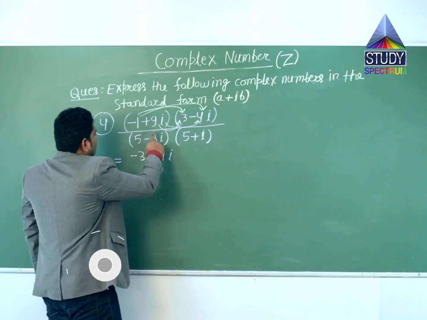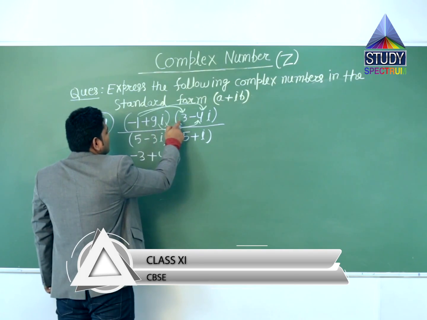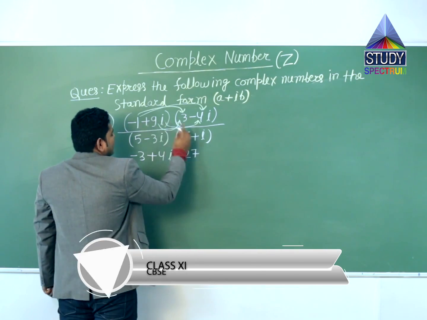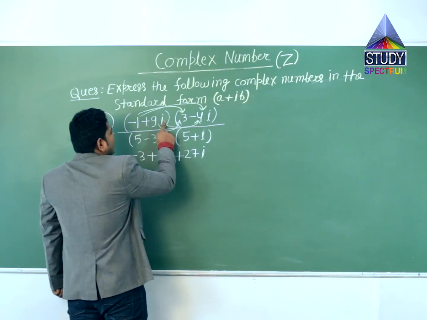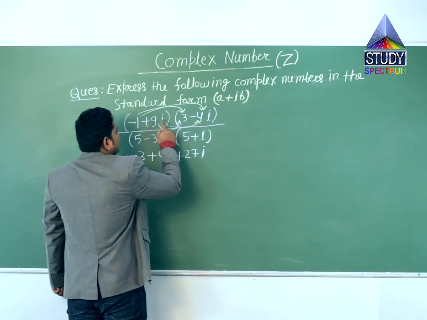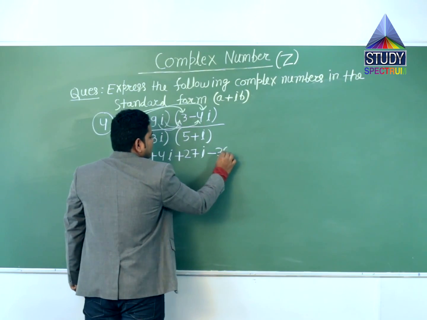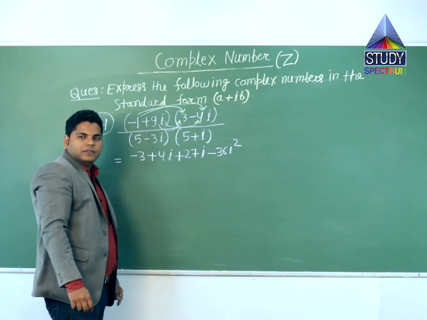Plus 9i into 3. Plus into plus is plus, 9 into 3 is 27, and i is there, so we will write 27i. Plus 9i into minus 4i. Plus into minus is minus, 9 into 4 is 36, and i into i is i square. Got it?